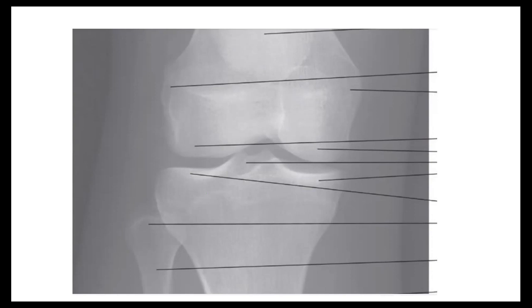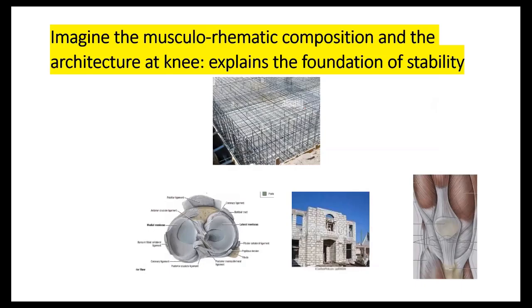So would it have been possible if there were no muscles and ligaments? Not so. So it's important to imagine the musculoligamentous composition and architecture at the knee, taking the analogy of a house construction that explains the foundation of the stability this joint gives.